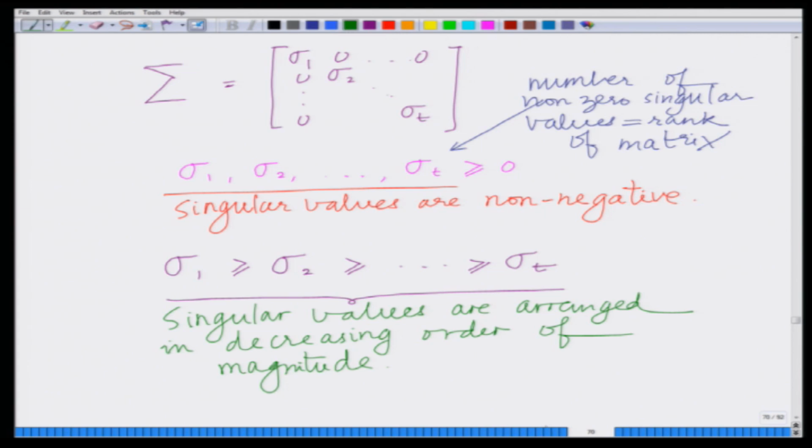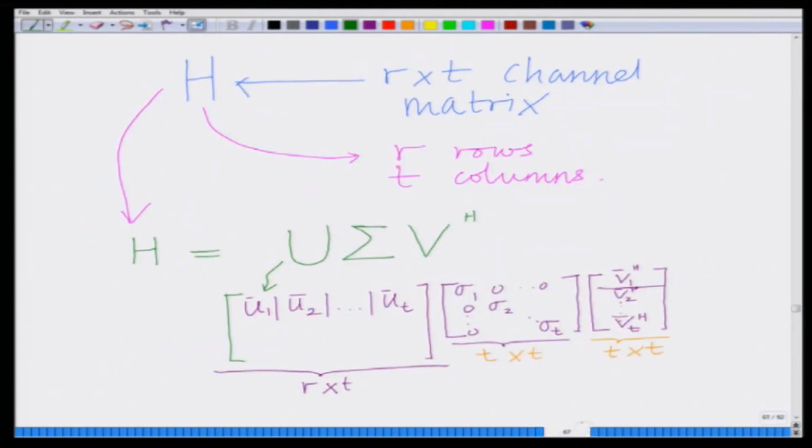And let me clearly write this again: the singular value decomposition that we have just described is valid for R greater than or equal to T.